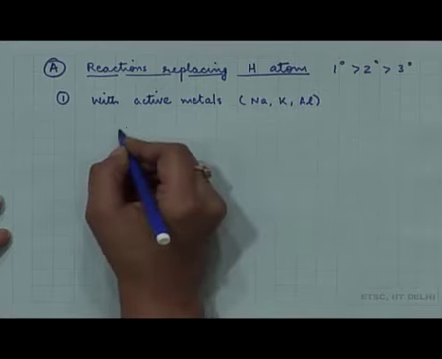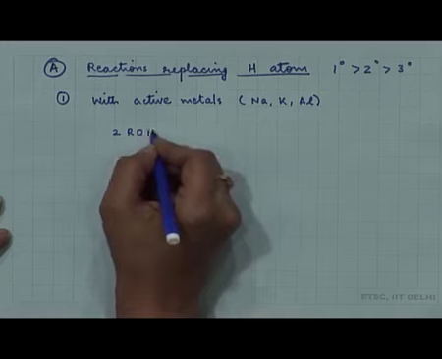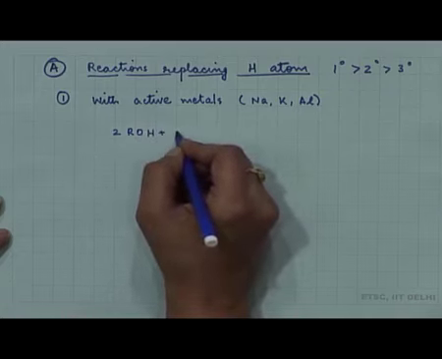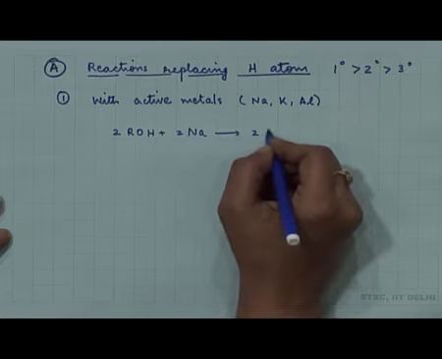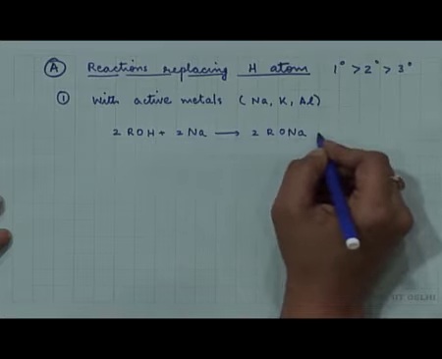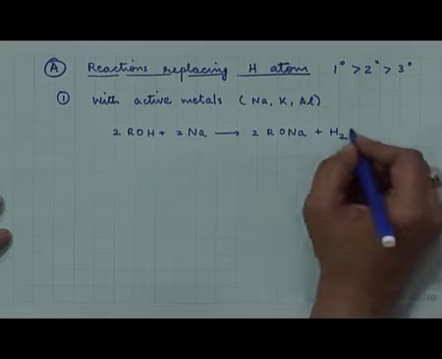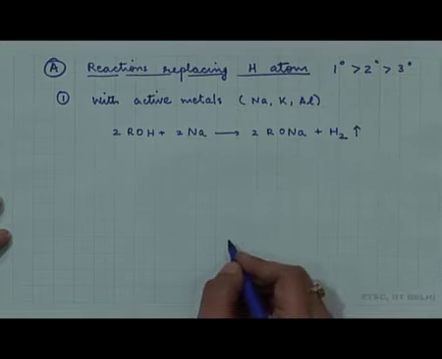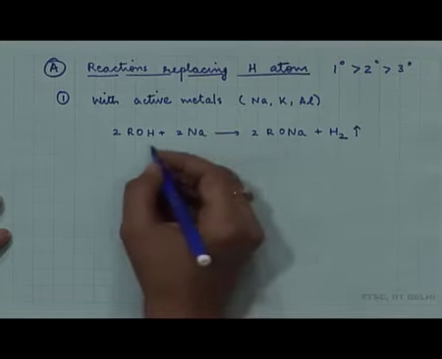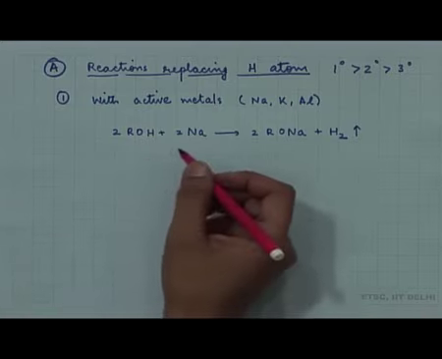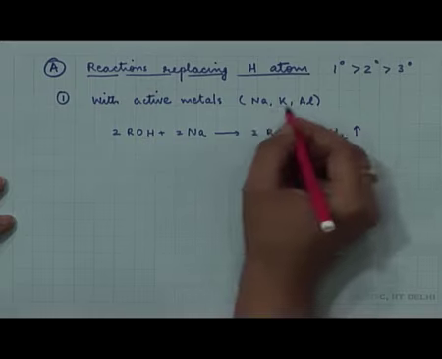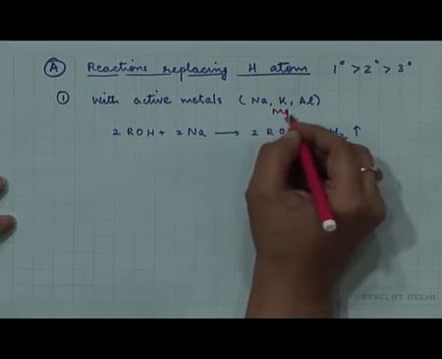So, these are the reactions in which the alcohol is reacting with the metal and giving the corresponding alkoxide with the evolution of hydrogen gas. This could be a sodium metal, or in general it could be any of these active metals. You can even have magnesium in this series.